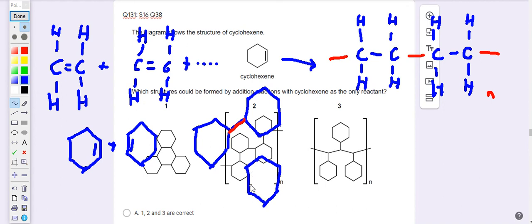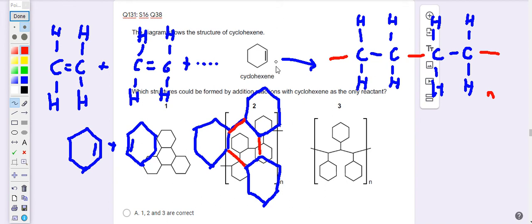If the double bond is here, it can also open up and then form two bonds with these two. So this compound can be formed from cyclohexene.